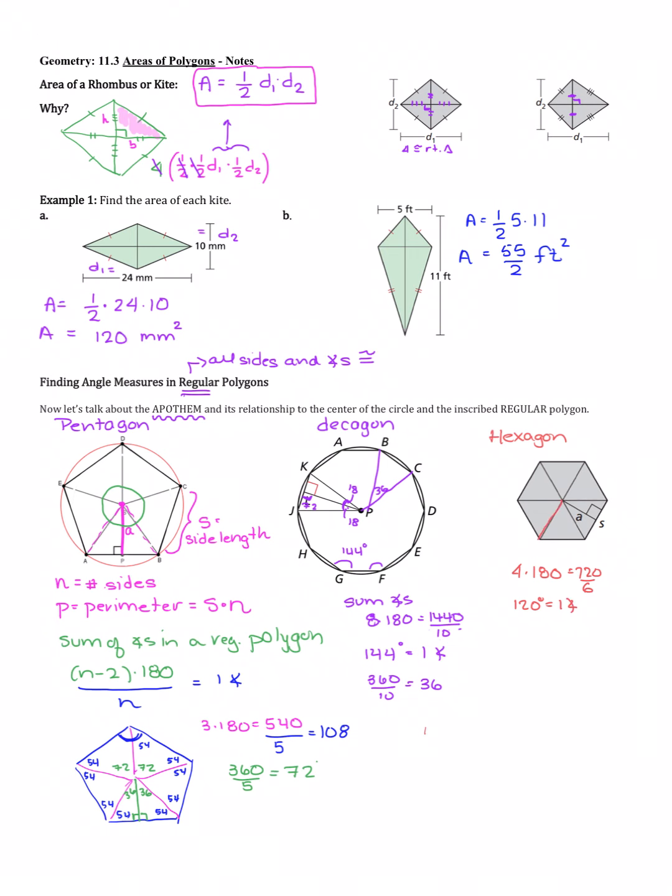But when you draw these radii, it breaks this into 60 and 60. So every hexagon, only a hexagon, has 6 equilateral triangles. So all the triangles are going to be 60, 60, 60. Then when you drop that apothem, that's going to create a 30, 60, 90 triangle, and everything we did in a chapter a while ago is going to come back. All right?